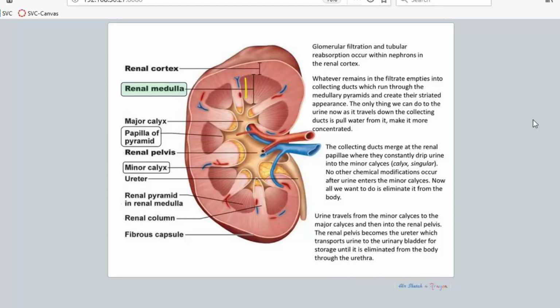Urine travels down these collecting ducts. And if anti-diuretic hormone is being released, then that allows water to move from these collecting ducts back into the blood. And regardless, what happens is as that urine moves down these collecting ducts, those collecting ducts start to merge at this area here called the renal papilla.